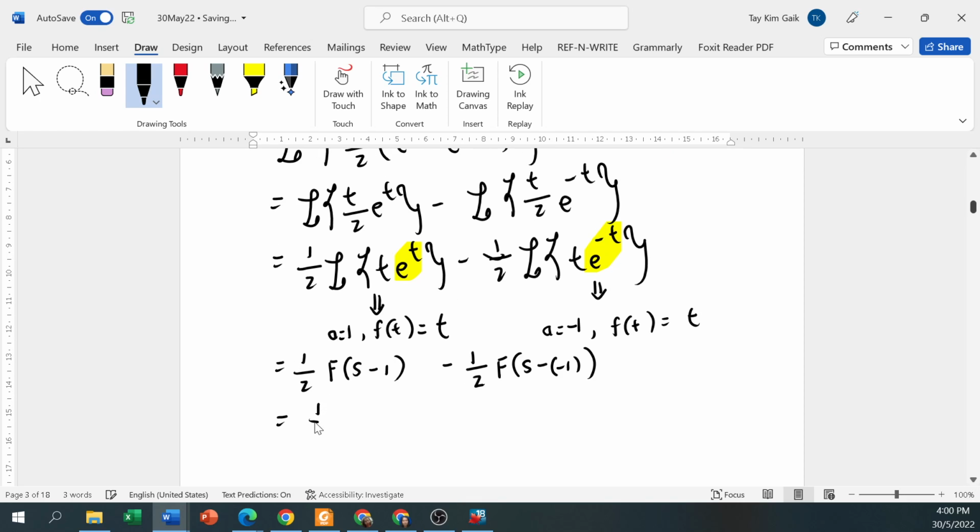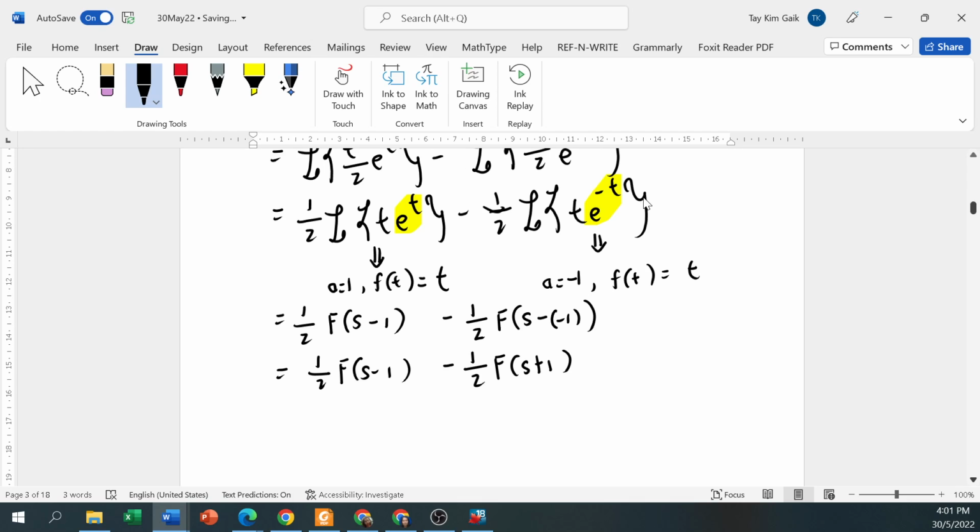So you got half F(s minus 1) minus half F(s plus 1). Both have the same f(t). Given f(t) is t, F(s) is the Laplace transform for t.